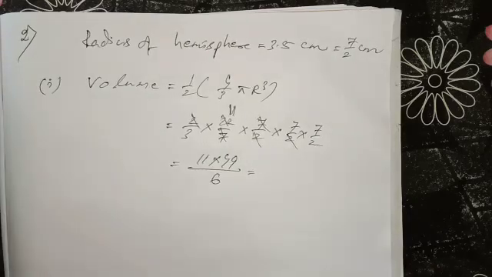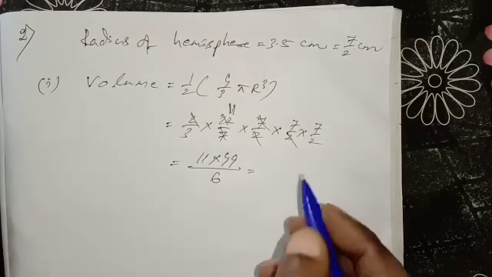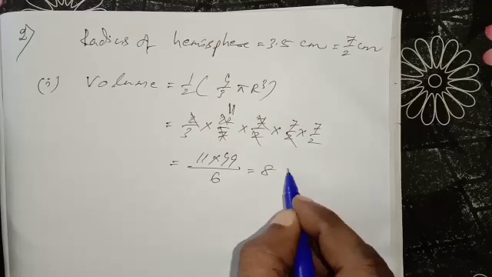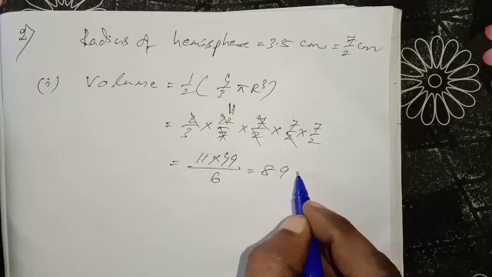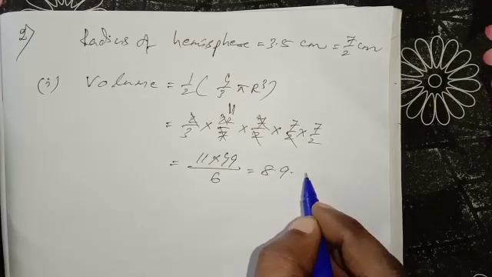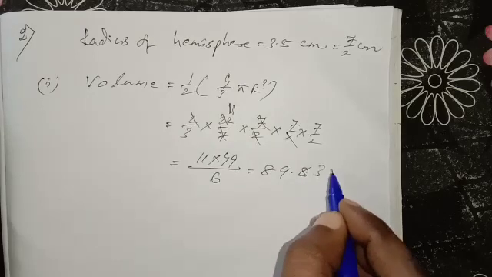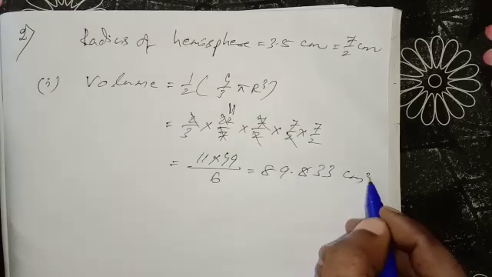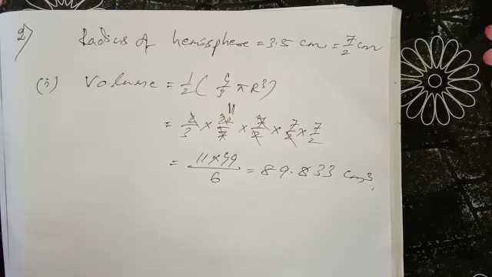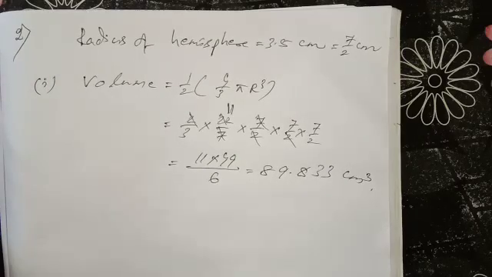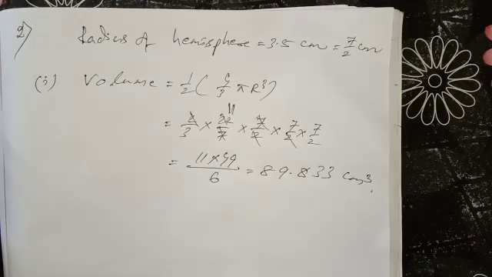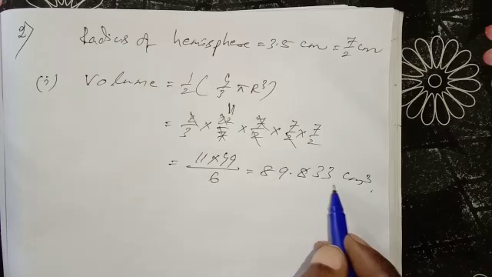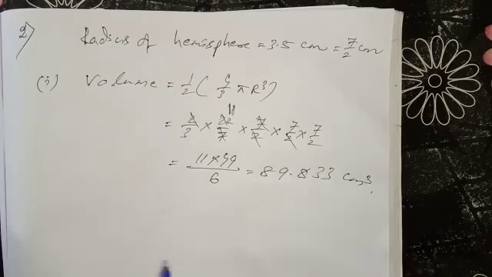You have to multiply 11 into 49, divided by 6. Just check the calculation again. After simplification the answer is 89.83 centimeter cube. The first part is completed.